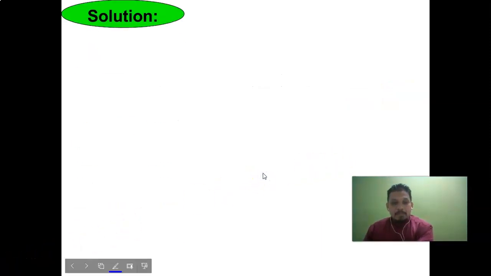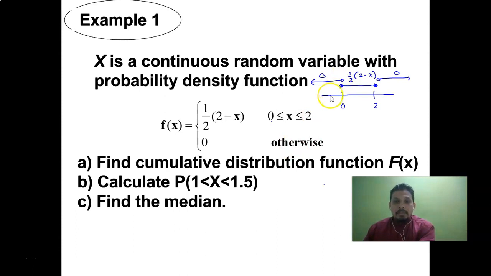Look at this. There are three parts of the domain here. First is x less than 0. The next domain is x between 0 until 2, and the next one is x greater than 2. So it separates into three different parts.